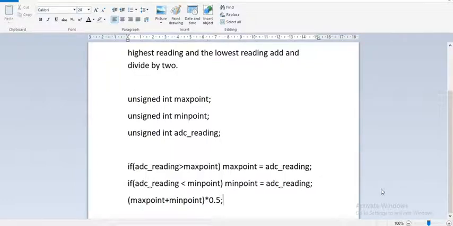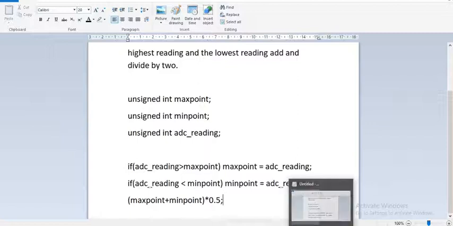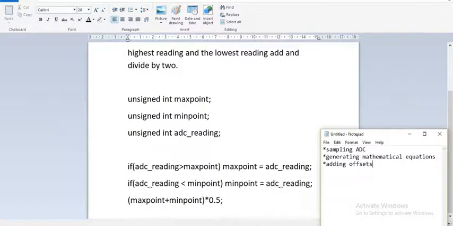So that's sampling ADC. With this you get something close to what you want, and with the value you get, you can work on the problem you're trying to solve.